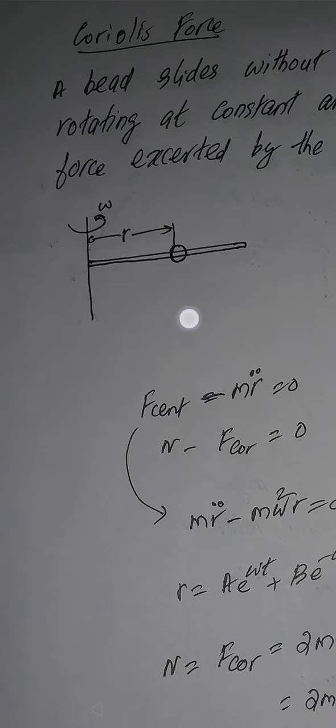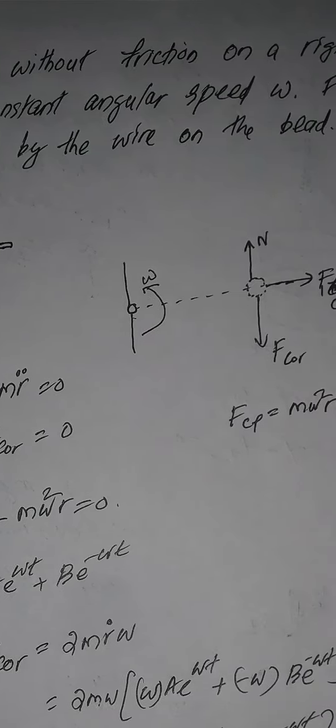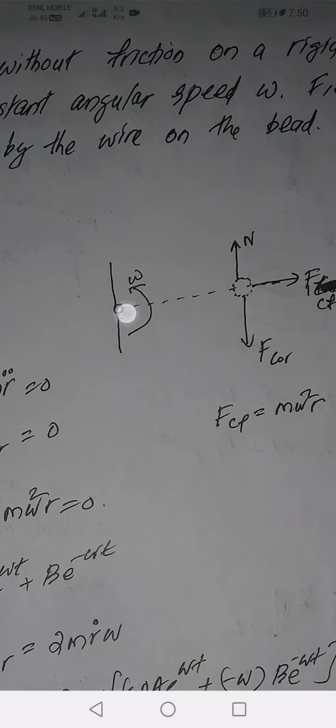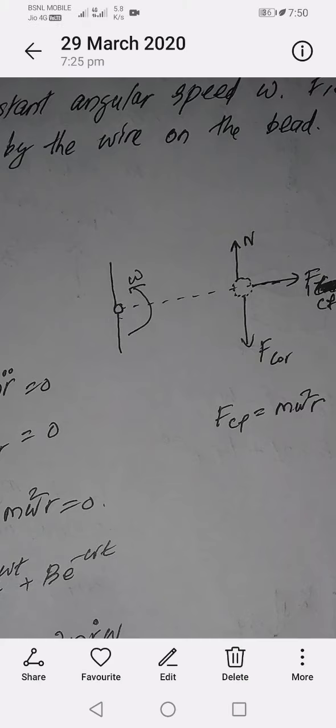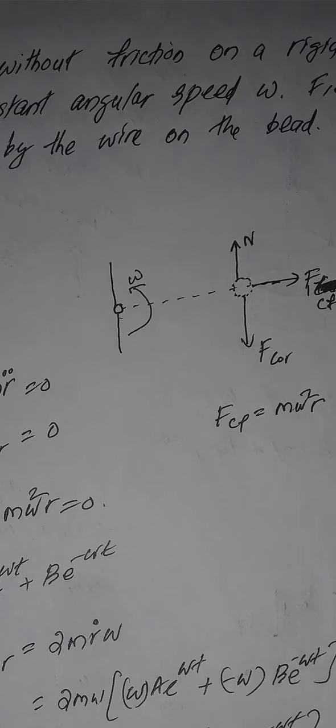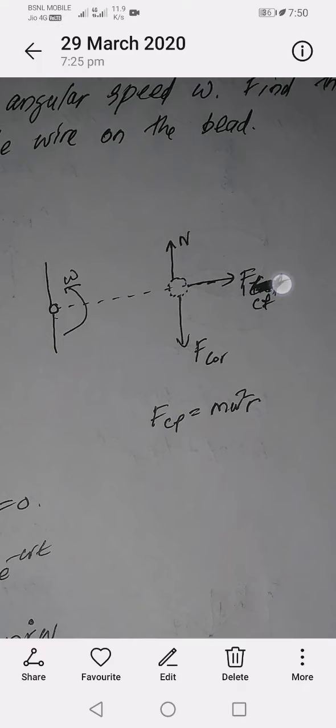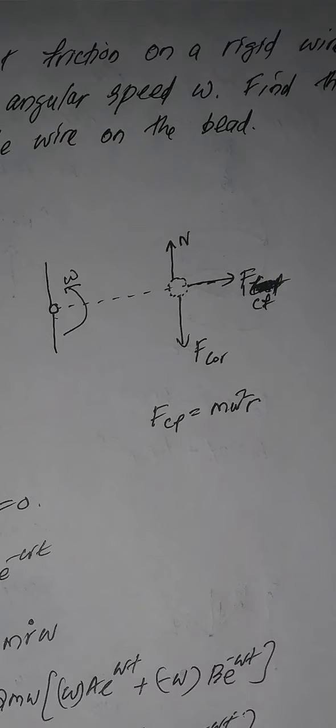If I look from the top on this figure, this is what I am seeing. From the top, the z axis is upwards, and it rotates counterclockwise. The force diagram will be this one. Here the fictitious force is the centrifugal force.